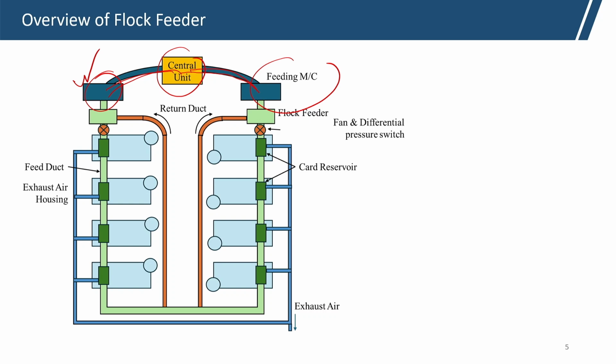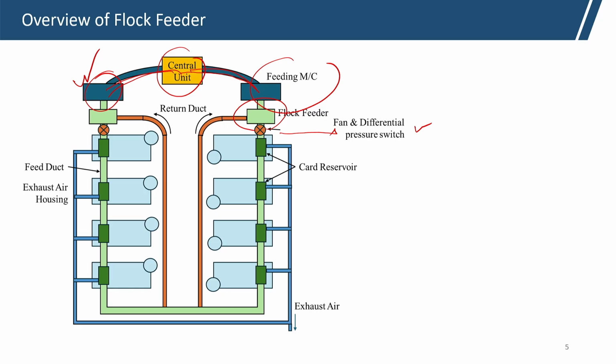Here fans are there, and differential pressure switches are there. This is the differential pressure switch, and here is the flock feeder.